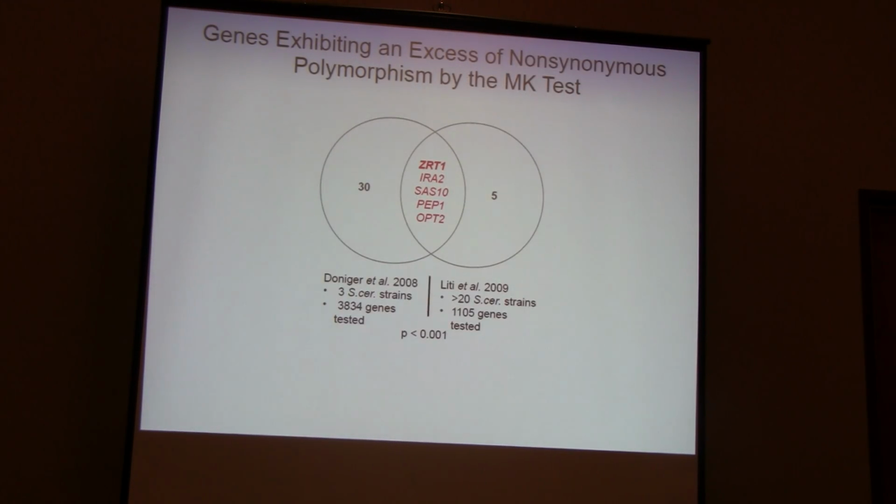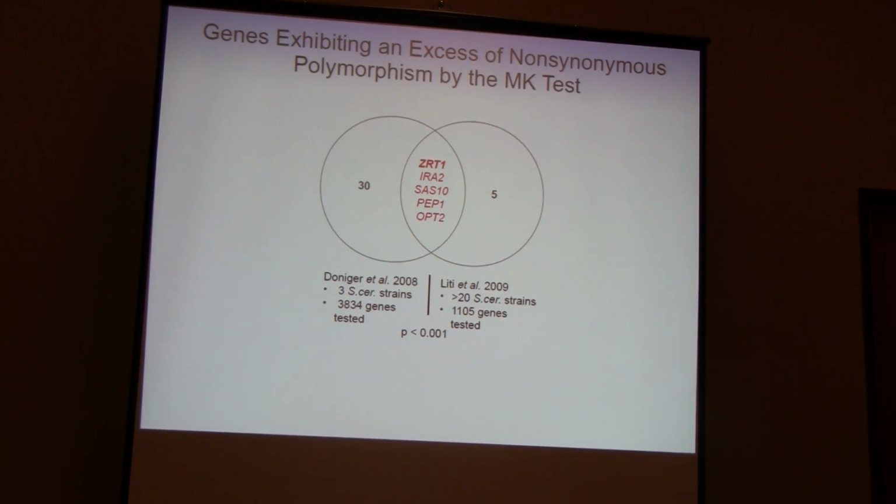And so to look into this in yeast, we took a look at 5 genes that were identified in 2 different studies as showing an exceptionally high rate of non-synonymous variation within species. So from the McDonnell Kreitman test, there's an excess of non-synonymous variation across the species as a whole.